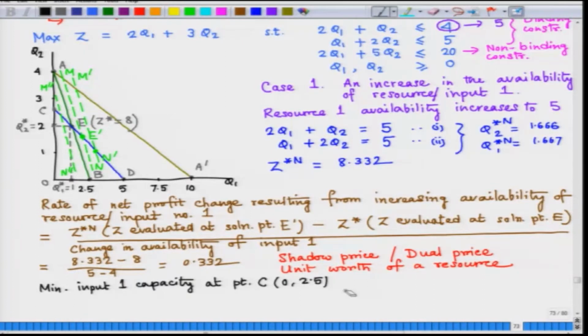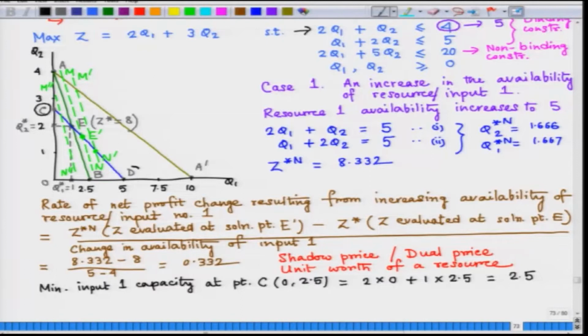Okay. So, now we have to look at the input constraint 1, use the technology coefficients to write 2 times Q1's value is 0 here plus 1 times Q2's value is 2.5 here at this point C. So, finally, we get 2.5 units of input 1's use, right. So, we are done with one extreme point C, let us circle it.